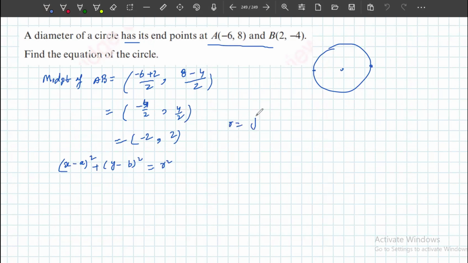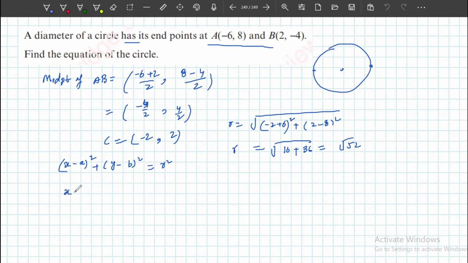So r is equal to the square root of, from A to the center, no problem, minus 2 plus 6 whole squared and 2 minus 8 whole squared, which is 6 minus 2 is 4, 16, and 8 minus 2 is minus 6, so 36, which equals 52. So r equals the square root of 52.